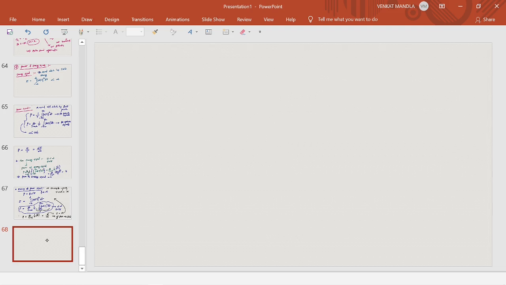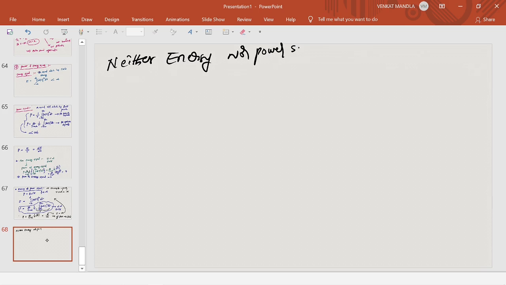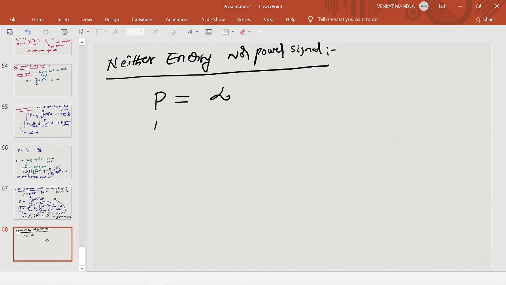One more definition here: neither energy nor power signal. If P equals infinity, power equal to infinity and energy equal to infinity, then the signal is called neither an energy nor a power signal. Both are infinite.